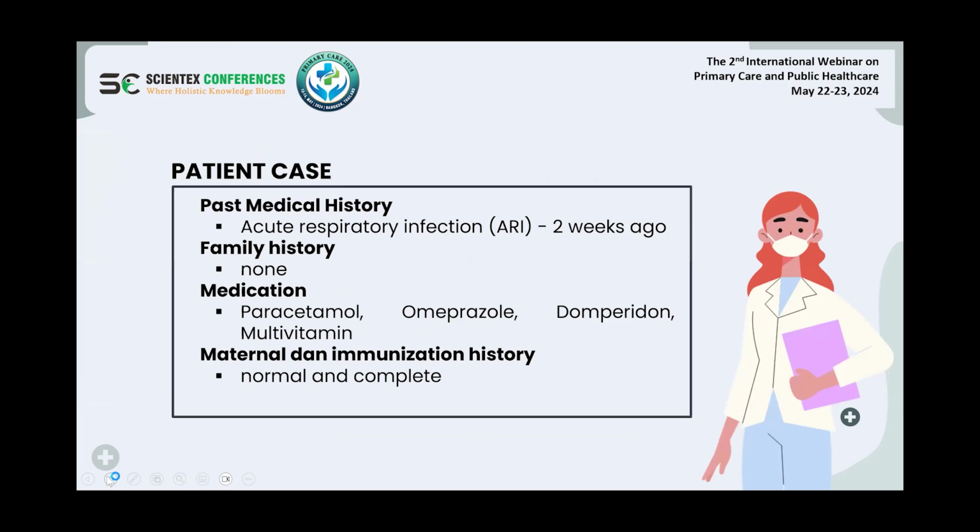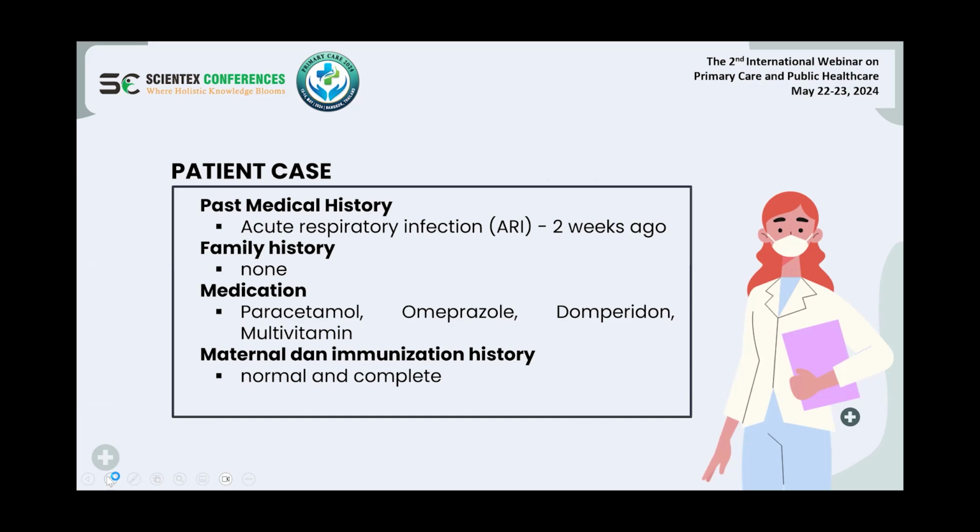Then I moved to his past medical history: he had an acute respiratory infection around 2 weeks before the first day the complaint appeared, around June 2, 2022, and he denied other infectious diseases or allergies. His family denied any history of similar complaints, infectious disease, and allergies.